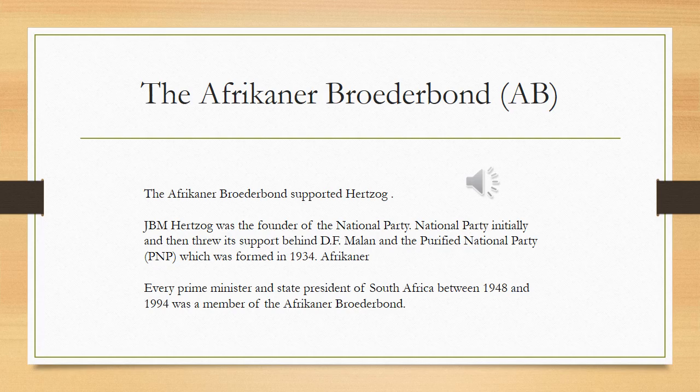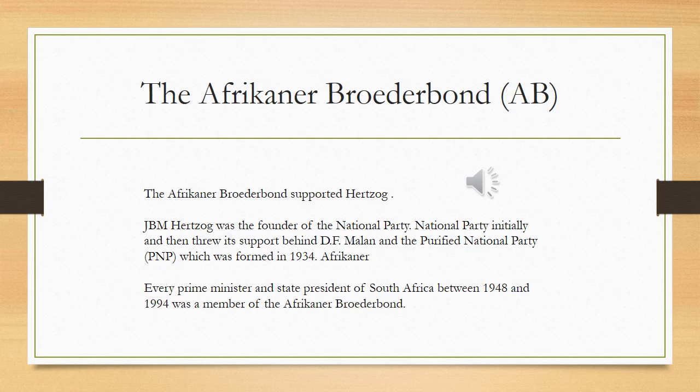All right, girls and boys, as we continue with the Afrikaner Bond, there's this specific prime minister who supported the Broederbond, and the AB also supported him. His name was J.B.M. Hertzog. He was also the founder of the National Party. The National Party was established in 1914 but gained power in 1948.